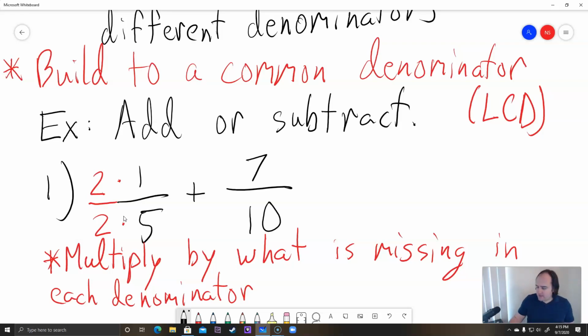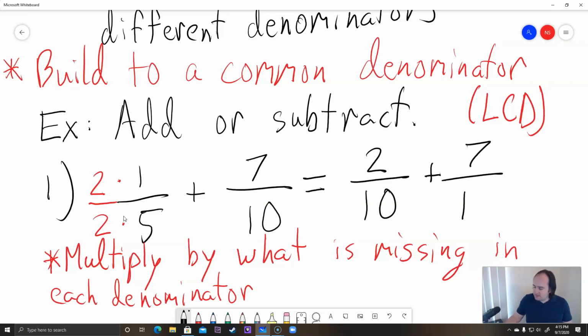Okay, so after I do all that, what do I get? Well, for the first fraction, 2 times 1 is 2, and 2 times 5 is 10. So we have 2/10 plus 7/10. And notice now that we have the same denominator, the rest of the problem is the same as the previous section.